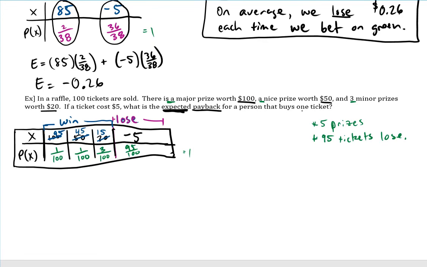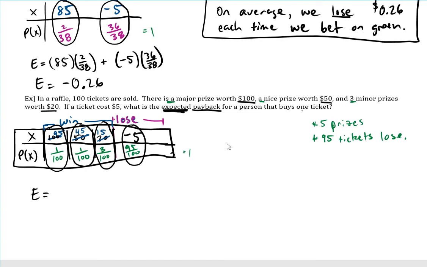Okay, so back to this. Now that we have our table, we can do our vertical multiplication and then add. These 2 will multiply, these 2 will multiply, these 2 will multiply, these 2 will multiply, and then we add all of the results.